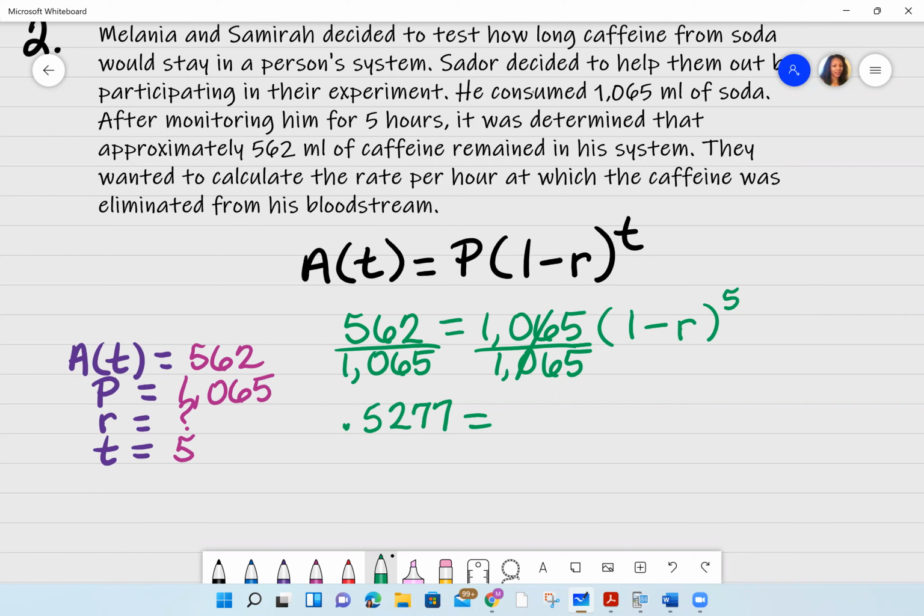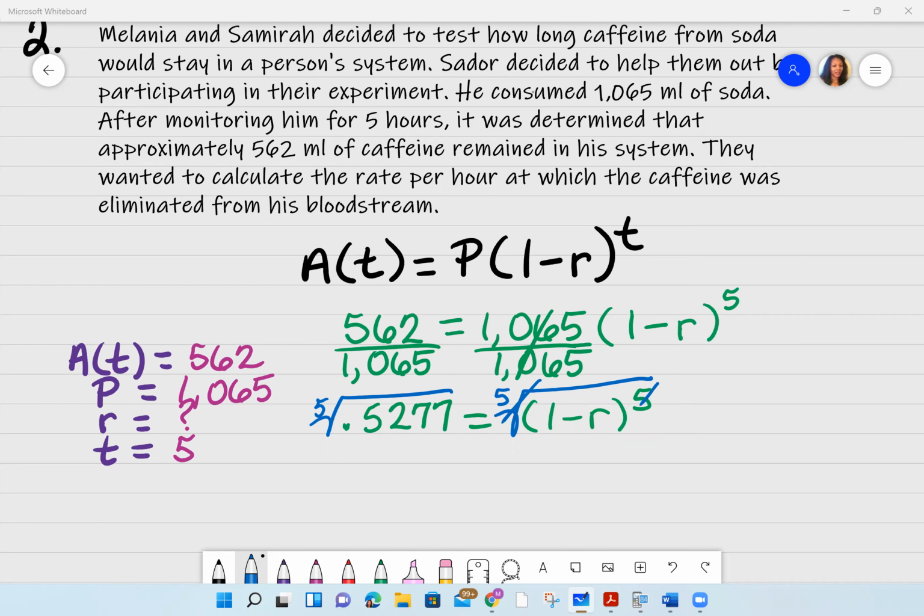And then what's left on the other side is the quantity of 1 minus r raised to the 5th power. So what I'm trying to do now is get rid of this exponent. To do that, I have to take the 5th root. What I do to one side, I do to the other. So the 5th root will allow that power to go away.